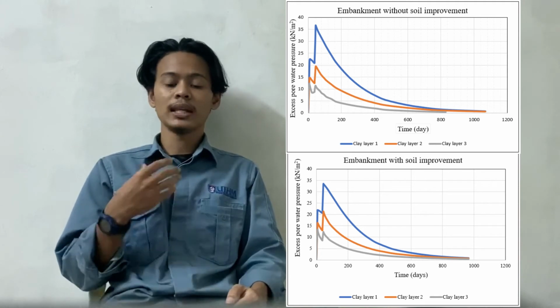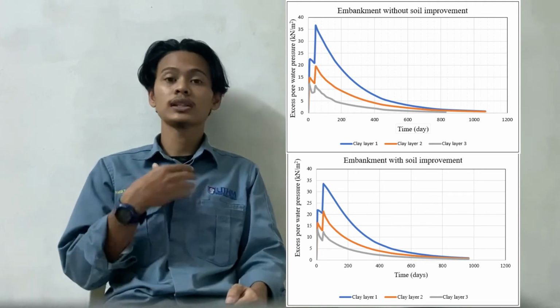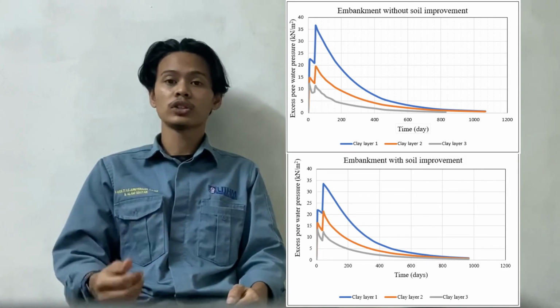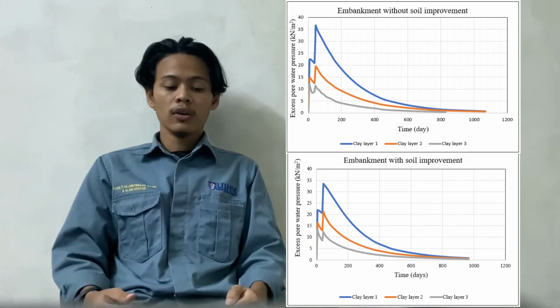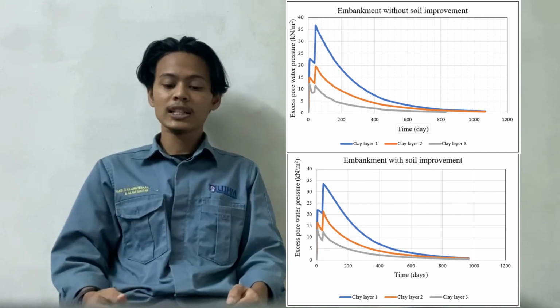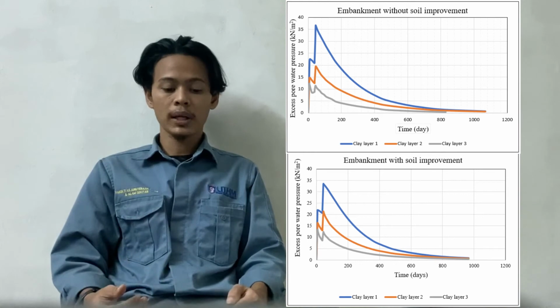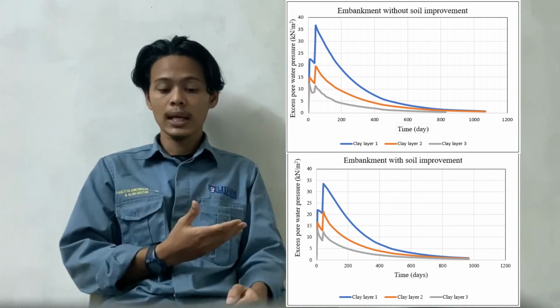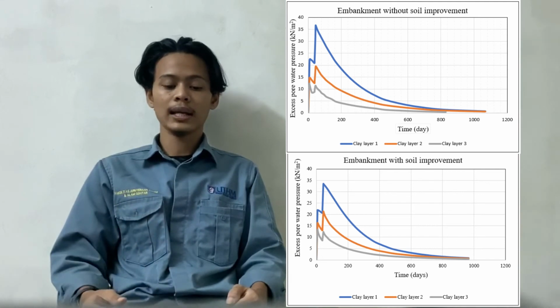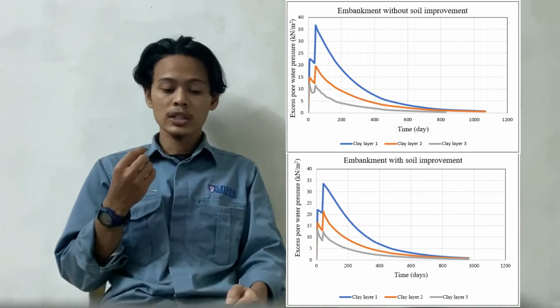This is because the thickness of the clay soil in construction phase 2 is reduced compared to construction phase 1. These two graphs show that without soil improvement, water discharges more rapidly compared to with soil improvement. This is because soil improvement with bamboo foundation creates a void between the clay soil and the bamboo.